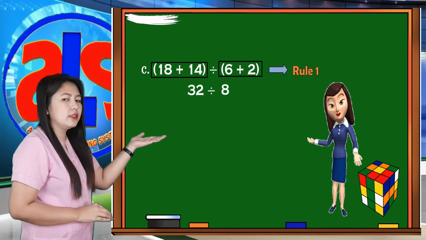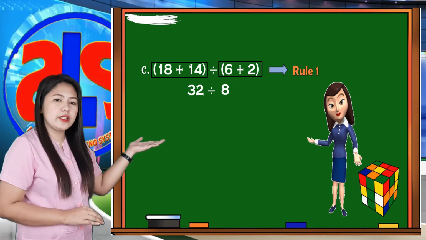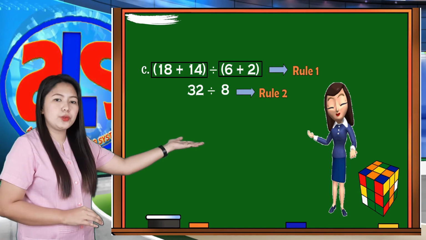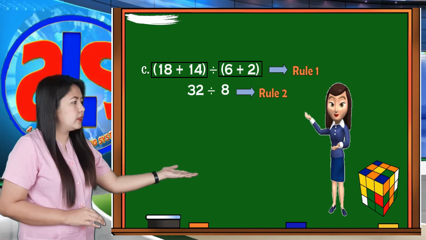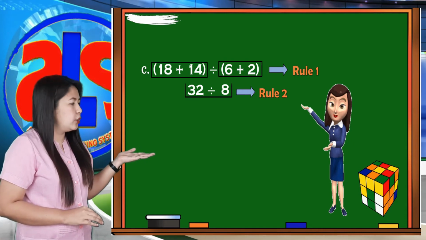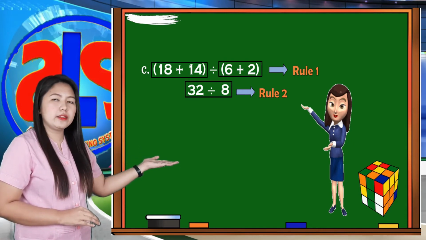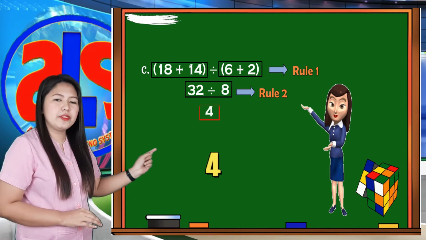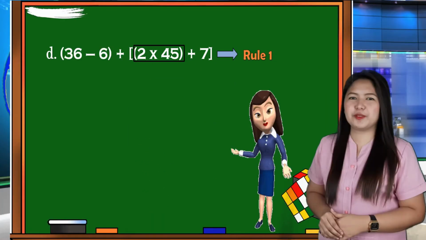So, 18 plus 14 is 32. And 6 plus 2 is 8. Bring down division. And 32 divided by 8 is 4. Our final answer is 4.